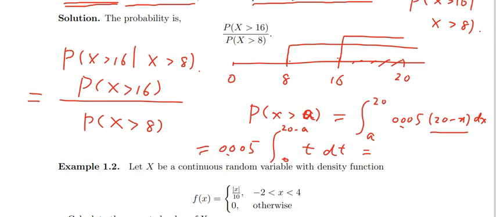So that equals 0.05 times half of 20 minus a squared. Okay, so that's the probability. So it's just 20 minus 16, so that's 4 squared, over 20 minus 8, 12, 12 squared.